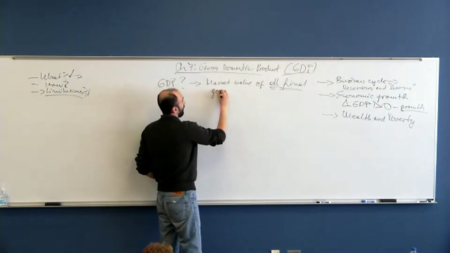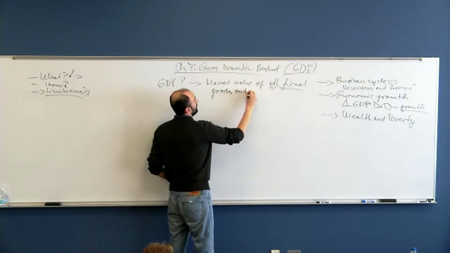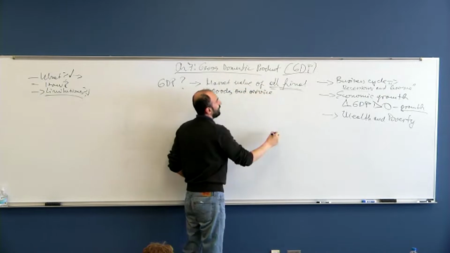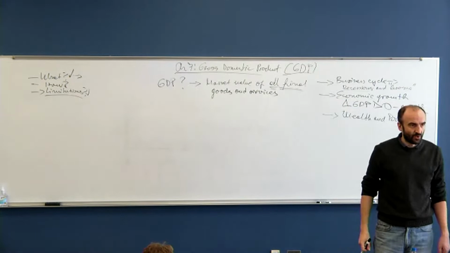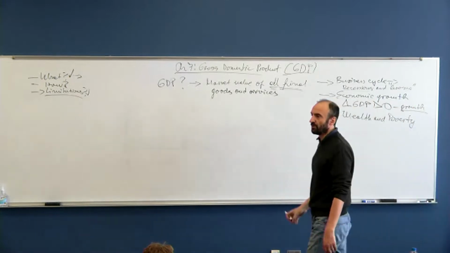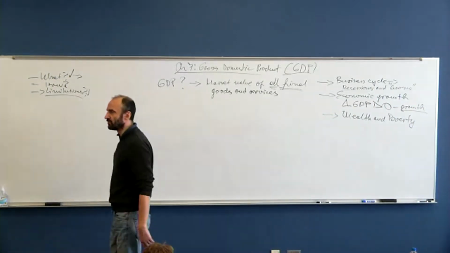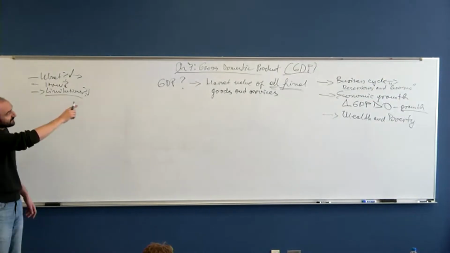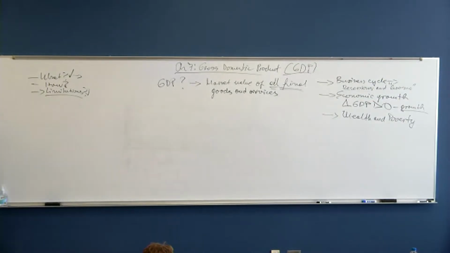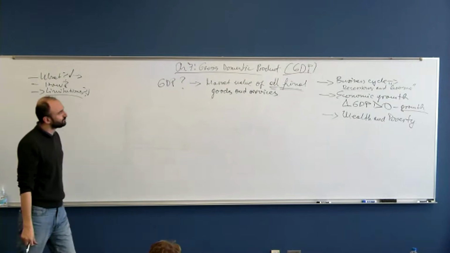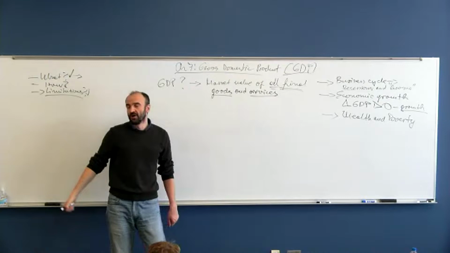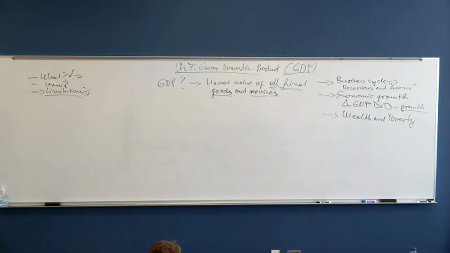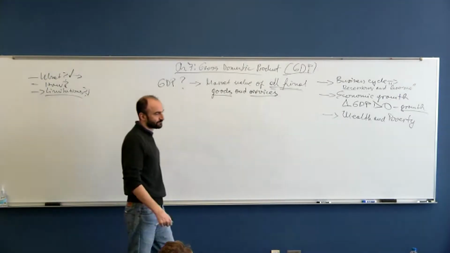This is important. Goods and services produced in a given country or a given territory within a certain period of time, typically a year, maybe less. So the current market value of all final goods and services, with the emphasis on final, and with equal emphasis on goods and services produced on a given territory over a certain period of time.